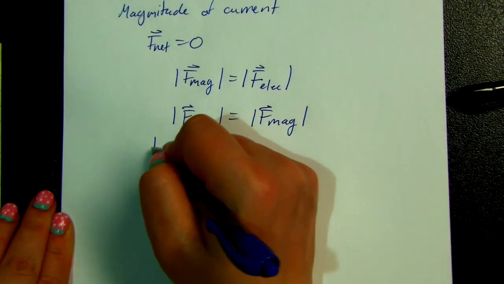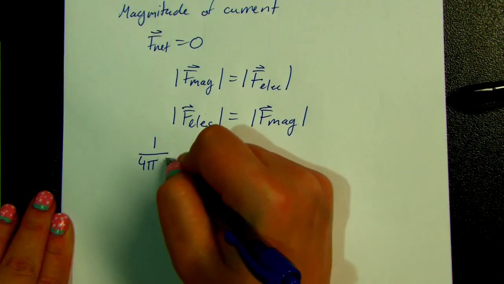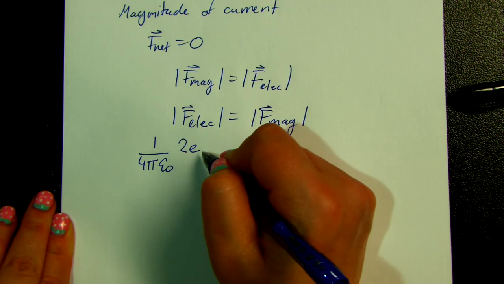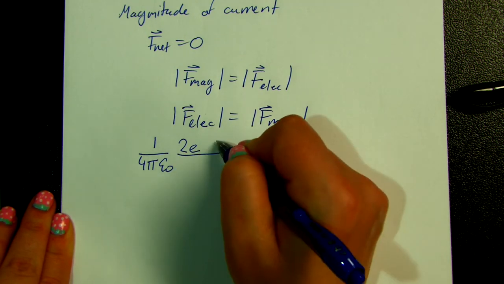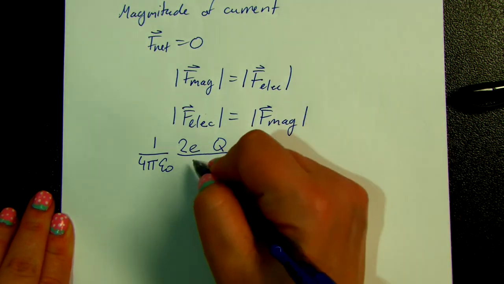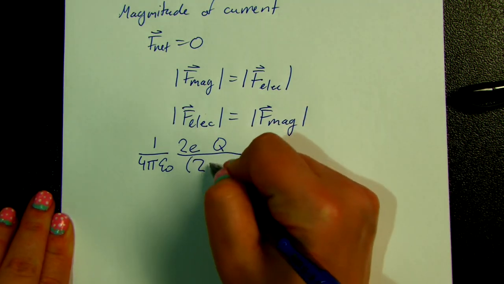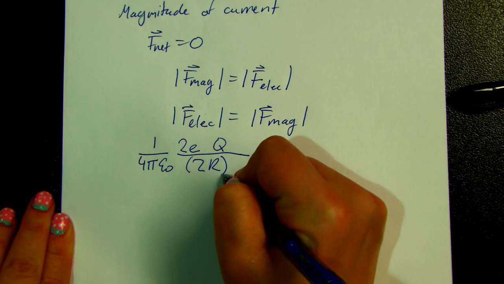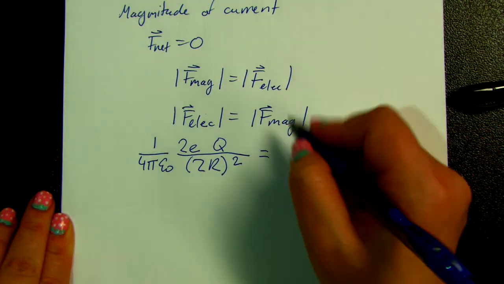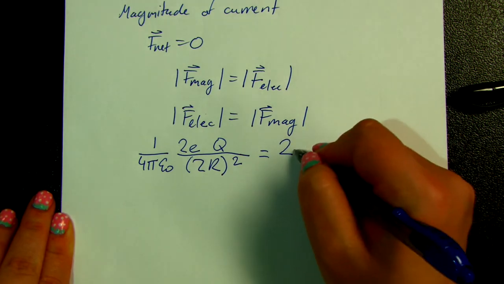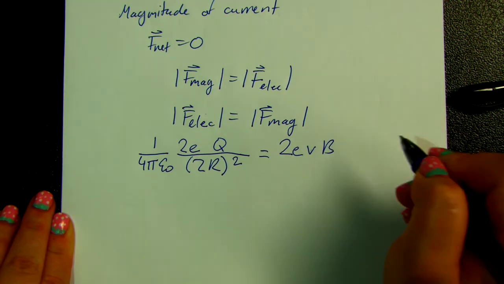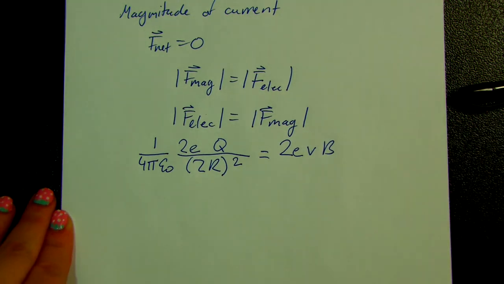So our electric force, 1 over 4 pi epsilon naught, times our charge, 2e for the alpha particle, times q for that 1.2 coulomb positive charge, over 2r, the distance, squared, is equal to the magnetic force, which is 2e for the charge, times the velocity, times the magnetic field.